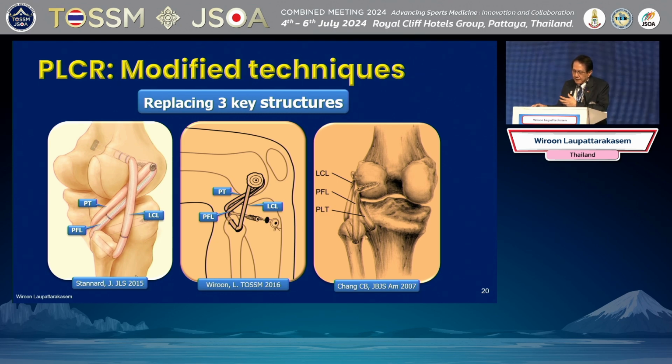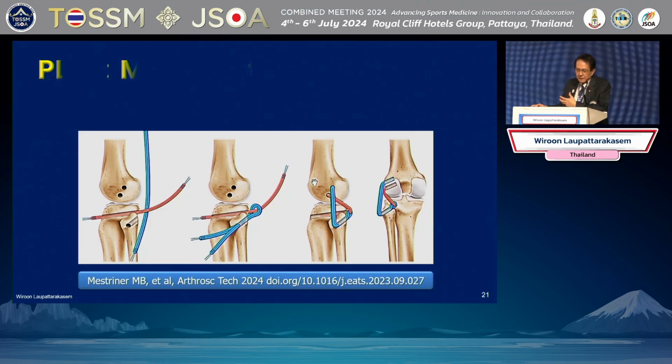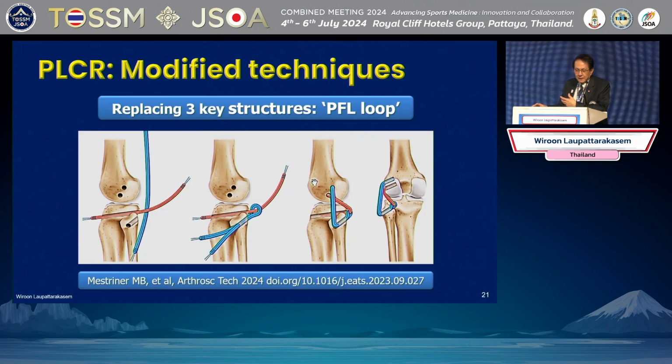And some others will replace three structures. One of them replaces quite similarly to the popliteal fibular ligament by curving up the graft like this. This is replacing the tibial-based, and this is replacing the fibular-based.